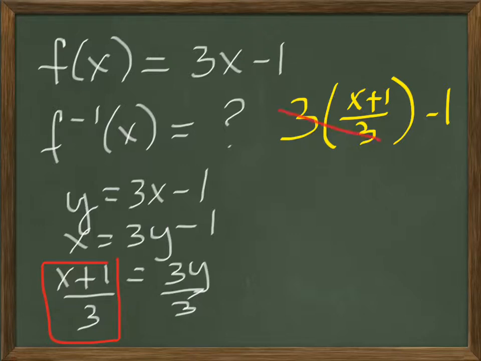We can then cancel out our 3's, leaving us x plus 1. Sorry about that, went too fast. x plus 1 minus 1. The 1's will cancel, leaving us x. So therefore we are correct. We did find the inverse of f of x. And in fact, it is the inverse function of f of x because it too is a function.